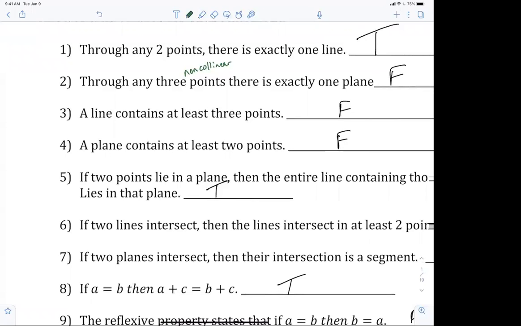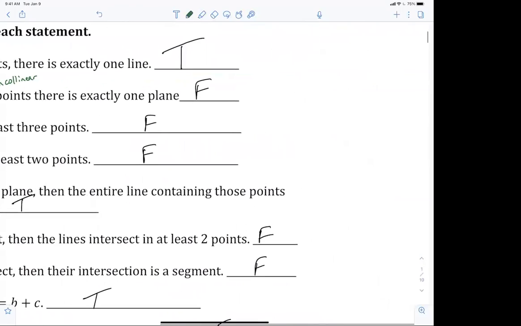So here's what you're thinking about. Do these 3 points that are on this line form a plane? No, they don't. That's why it's false.